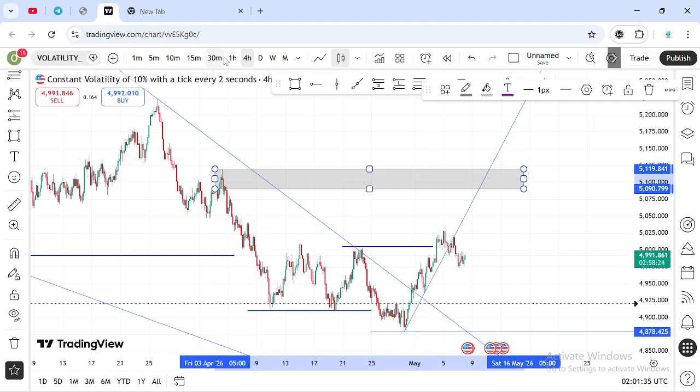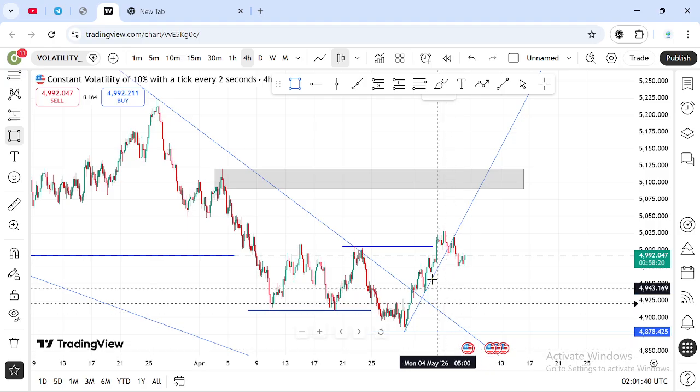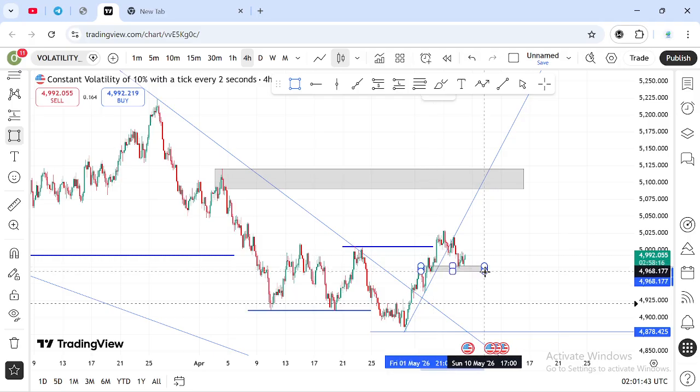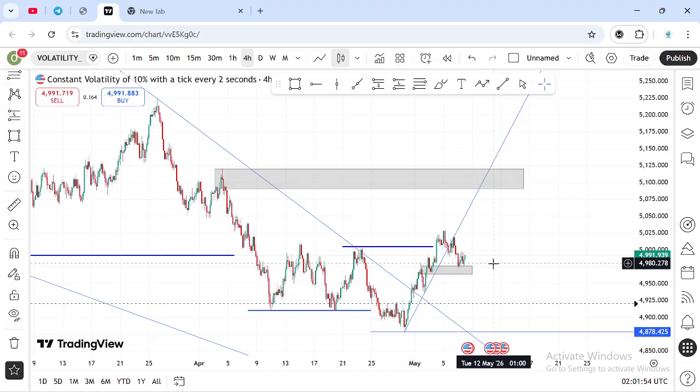This is the 4 hours time frame, and at this point here, also this is 4 hours where price is reacting from at the moment. At the moment, this is a buy, and if I want to jump on this buy, I can't really jump on it now.